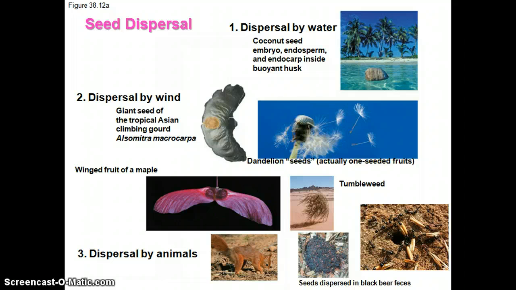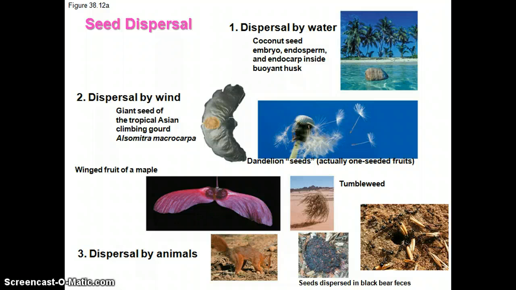Wind is one that we're familiar with, all the pollen we have in our area. So this example here is of a giant seed of a tropical Asian climbing gourd. But we also have little examples like a dandelion seed. And a lot of times in the spring, driving around our area, you'll see lots of seeds floating around, and sometimes we just see pollen floating around itself.